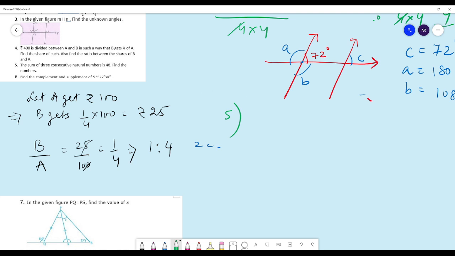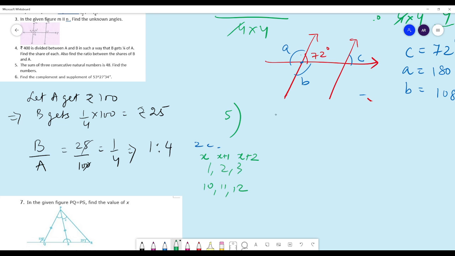Find the numbers. Now, how do we find the consecutive natural numbers? Consecutive natural numbers are like 1, 2, 3, or 10, 11, 12. So if you express this number as x, this number becomes x plus 1. This number becomes x plus 2. 1, 1 plus 1, 1 plus 2.